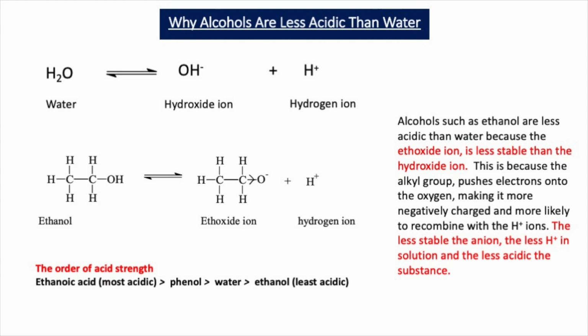And it's the most stable ion because the negative charge can spread out over the COO and it spreads out very efficiently. Phenol is the next acidic because the phenoxide ion is the next most stable ion because the negative charge can spread over the ring. And ethanol is the least acidic because the ethoxide ion is the least stable ion, and therefore it's more likely to be attacked, and therefore there's less H plus in solution.